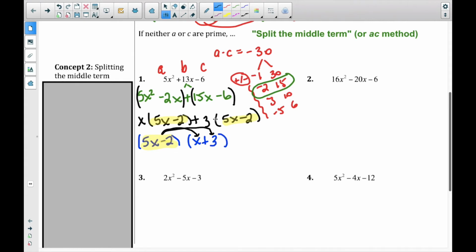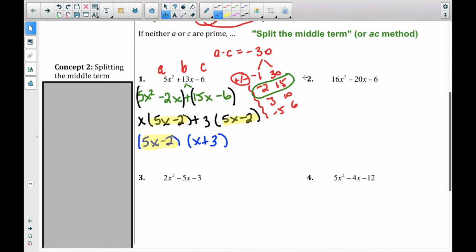And that's what I have in the step above. So all I did was I factored out my 5x minus 2. Okay, so now I have my answer. I'm done. I have my 5x minus 2 and I have my x plus 3. That is the factored form. We are done. I should also say, in your answer, it doesn't matter which one comes first. The x plus 3 could come first, or the 5x minus 2 could come first.